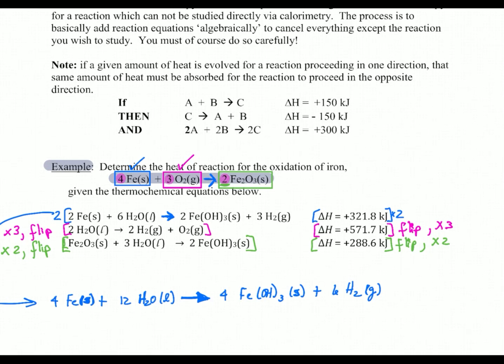If you multiply through the 321.8 kilojoules times 2, you're going to get 643.6, and it's going to stay positive. I'm going to stress that: we did not flip it, so we're not changing the sign. So 643.6 kilojoules for that one.